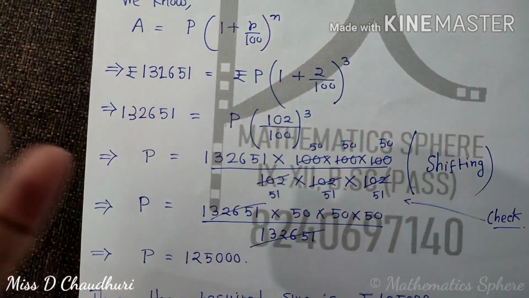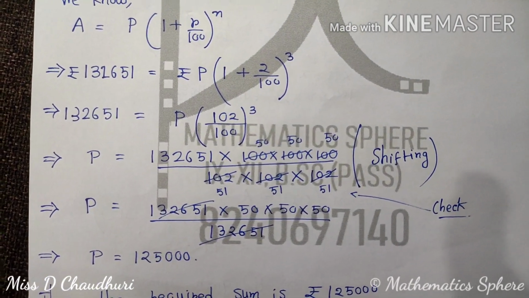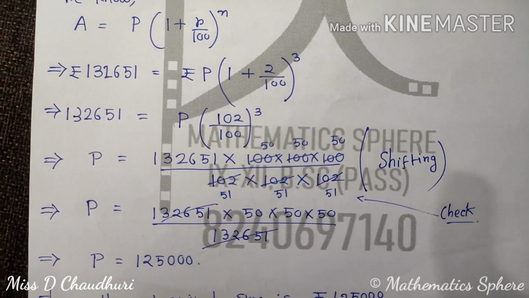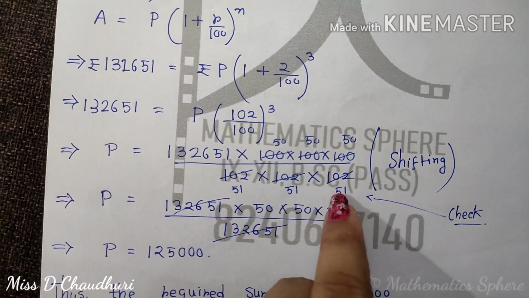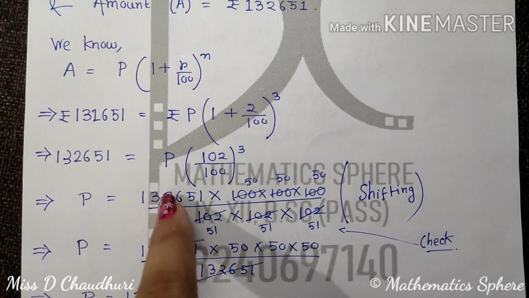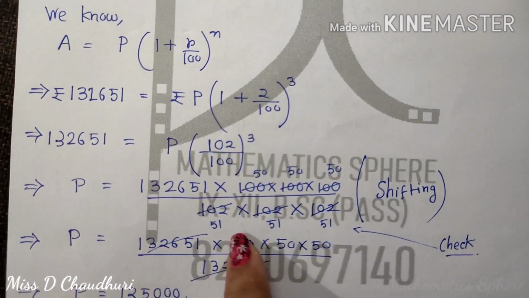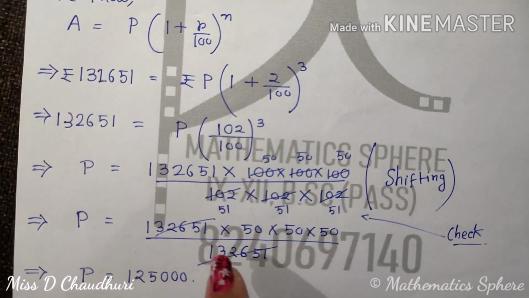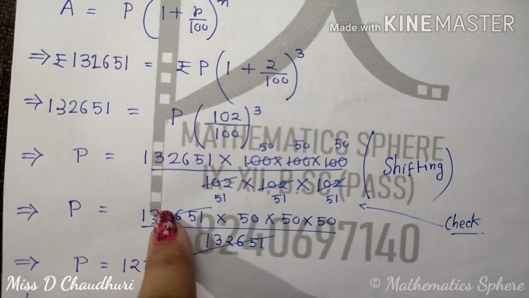In case of all the sums you have seen that the principal is generally in hundreds, thousands. So I first multiplied 51, 51 and 51 to check whether this gets cancelled or not. Sometimes this gets cancelled, so you also check it first. In various sums, I found that 51 and 51 and 51 gives 132651 only. Yes, very easy. So this and this get cancelled.